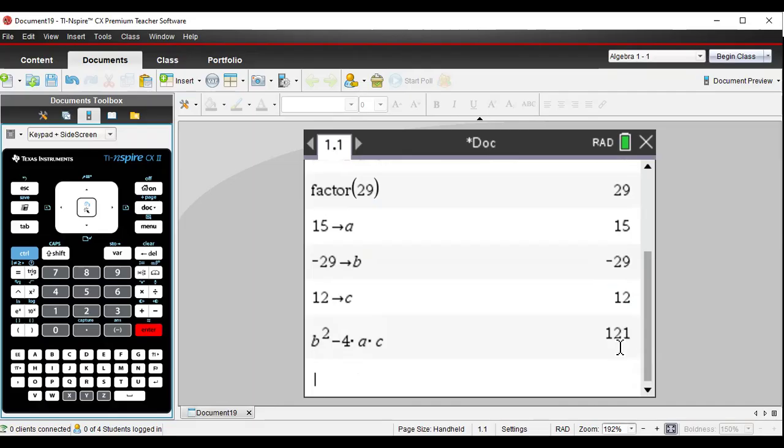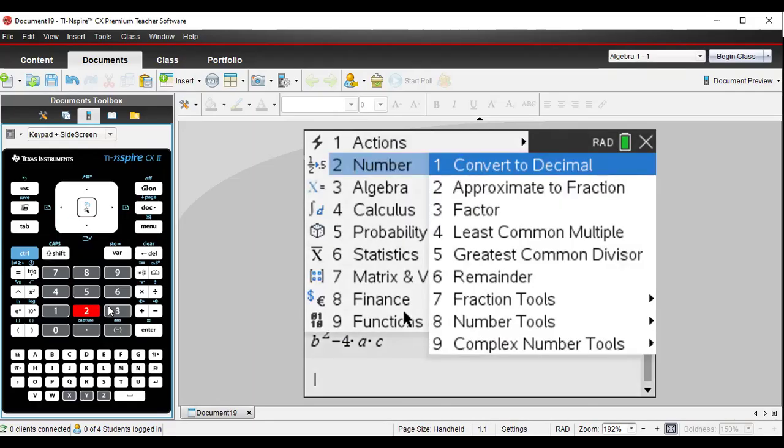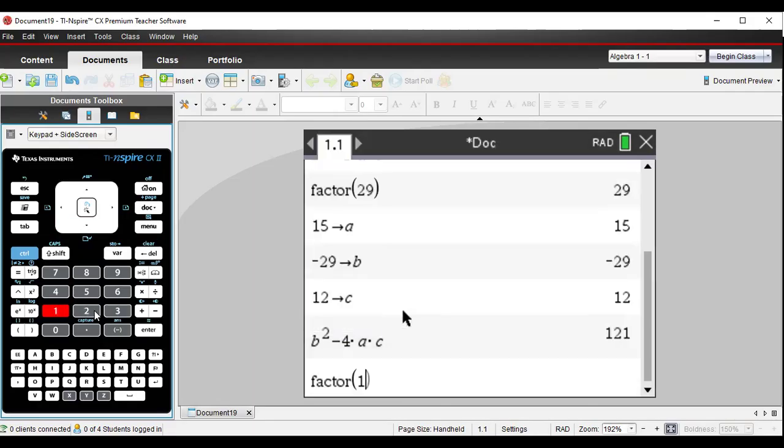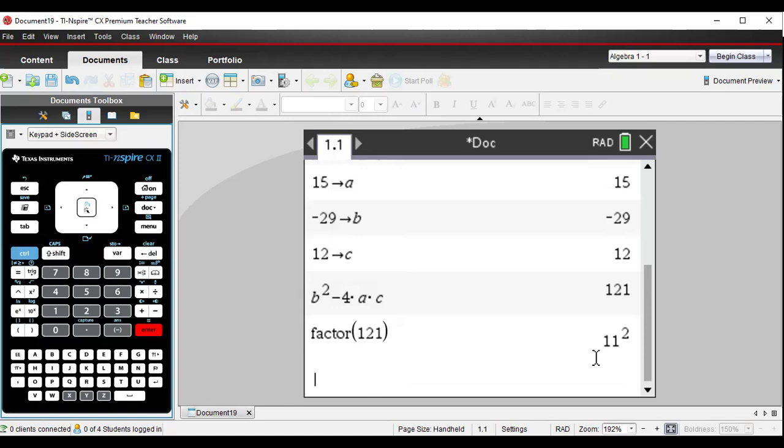I got 121. Now, if you're not sure, we can do menu 23 on that number. But what you will see is that it's a perfect square.